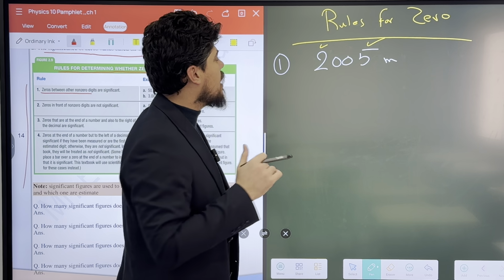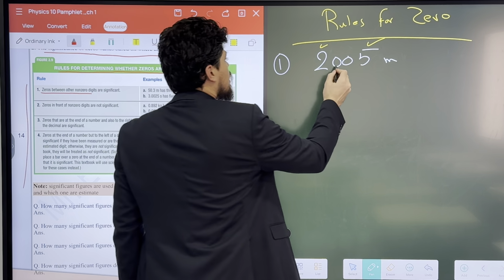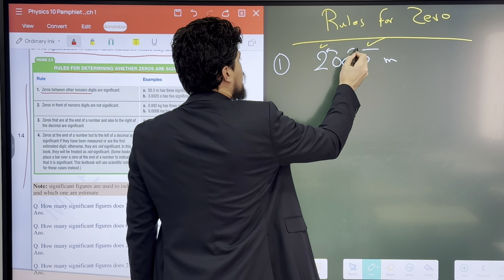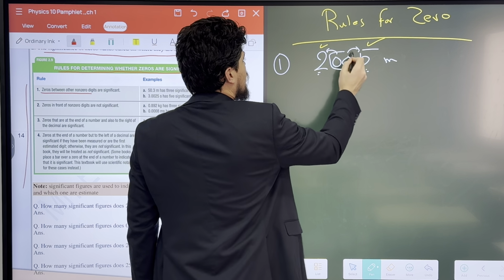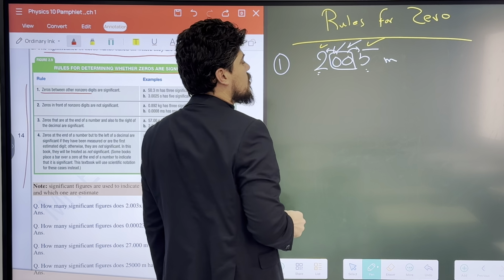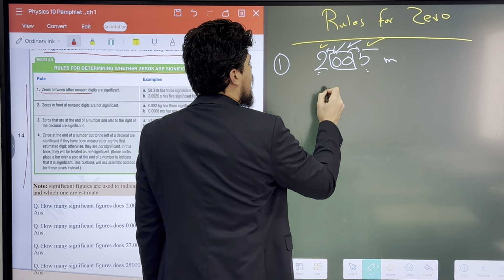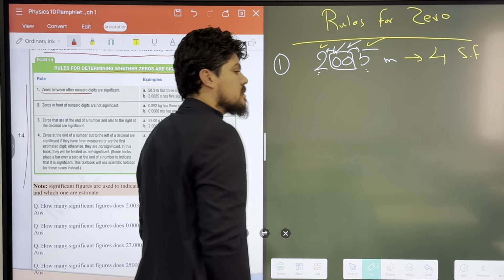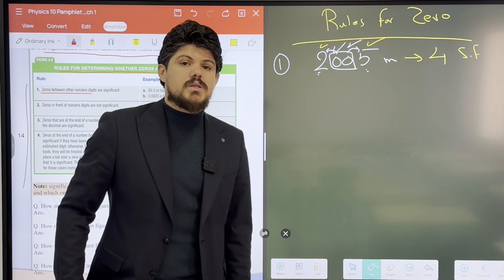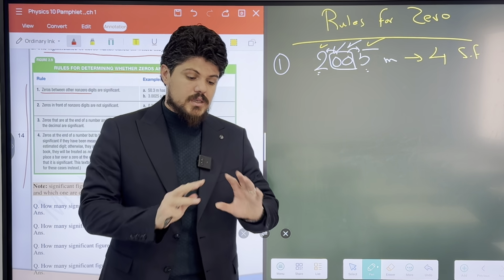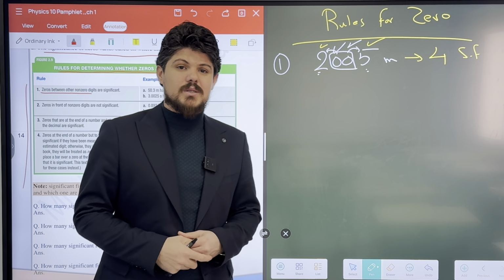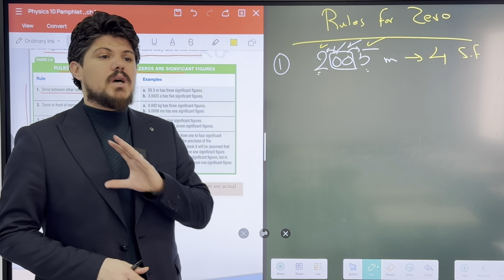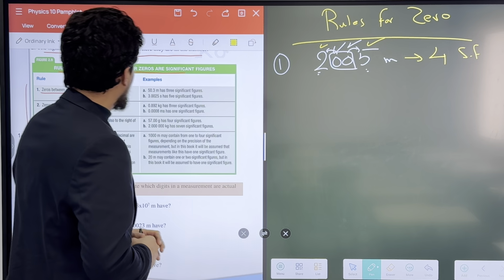According to the first rule, these two zeros are located between the two numbers, so that is why these two zeros are also considered to be significant figures. How many significant figures do we have? 4 significant figures. Why are these two zeros considered significant? Because they are located between the numbers. Zeros between numbers are considered to be significant figures.